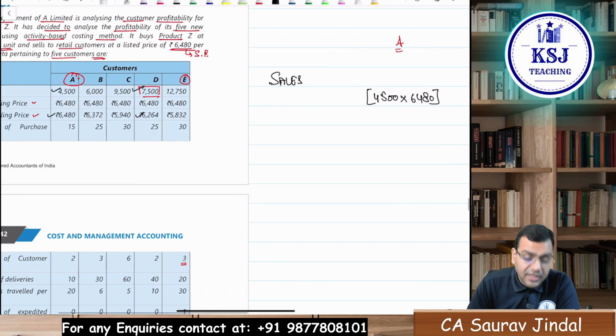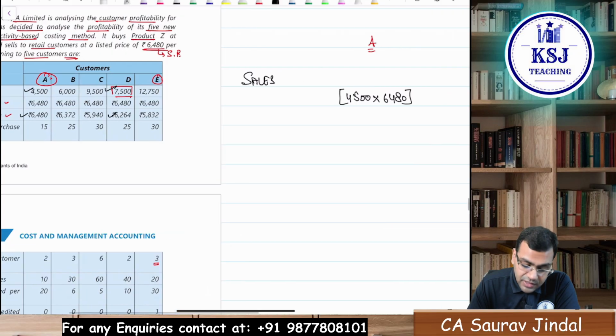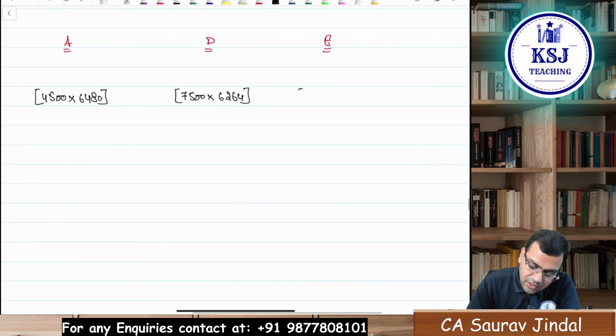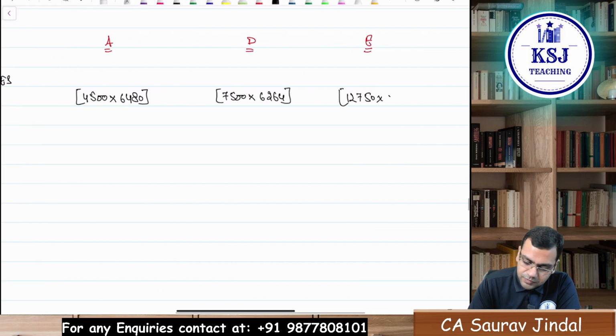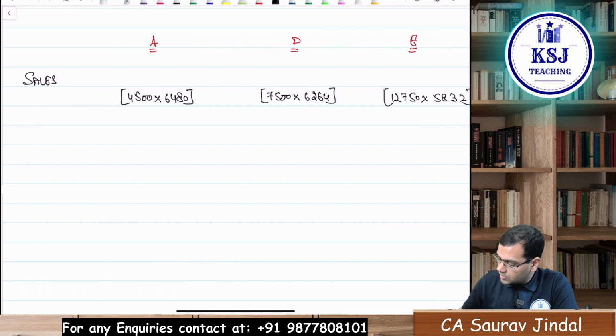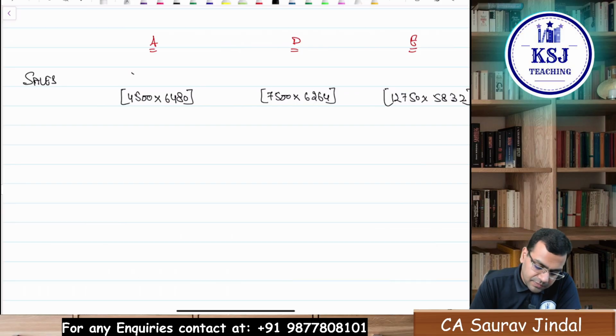And customer E, 12,750 units at 5,832. 12,750 units at what price? 5,832. So let's try to solve this. 4,500 multiplied by 6,480, that comes to 2 crore 91 lakh 60,000.